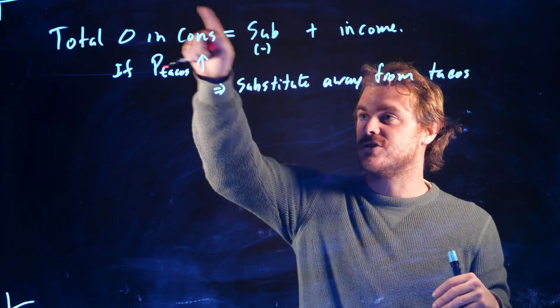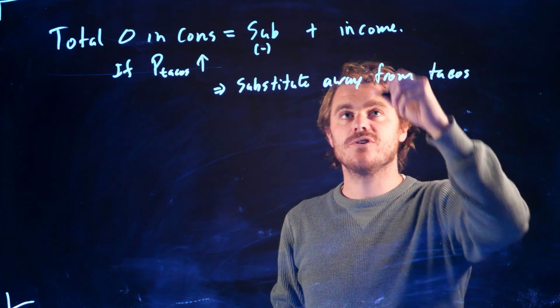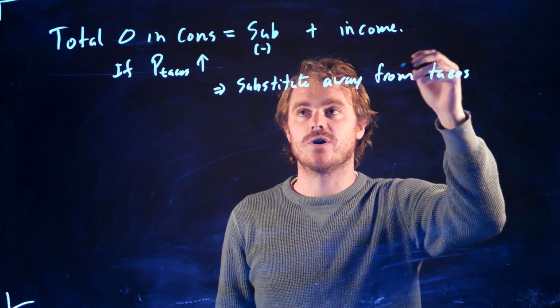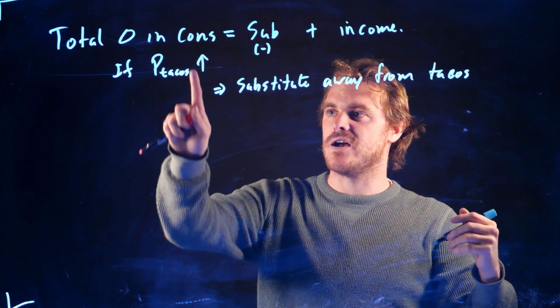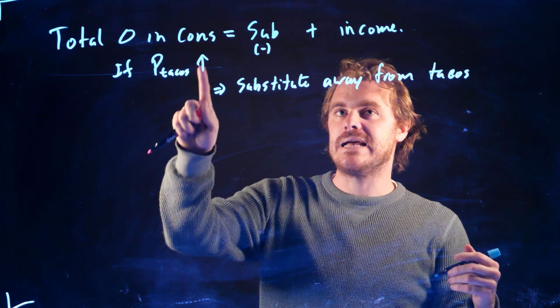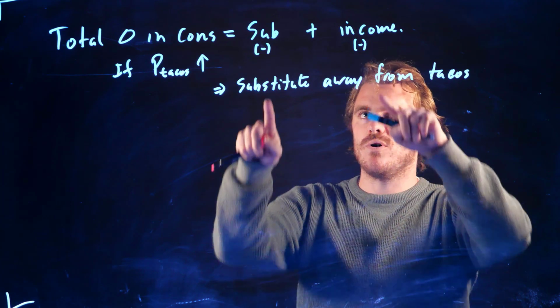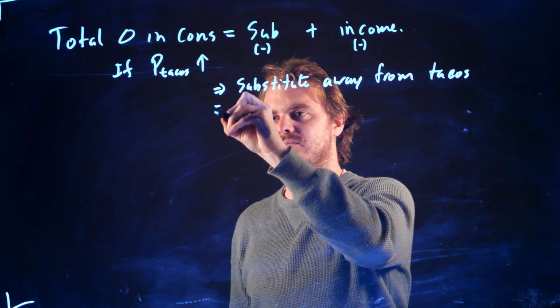But what happens to the total consumption of tacos also depends on this income effect. So for instance, if tacos were a normal good and the price of tacos went up, that means our income is going down. So this would also be a negative. So both of these two things, let's write that out.